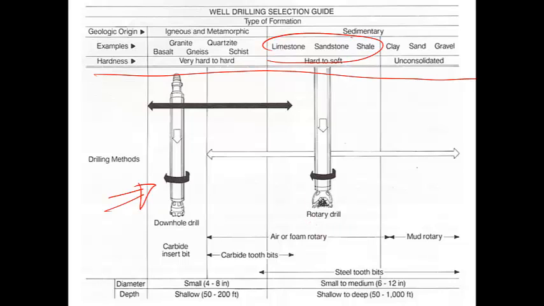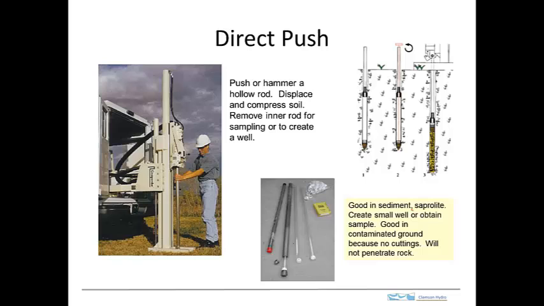I guess I would also put in here saprolite. And then the unconsolidated material, this is mud rotary. Okay, so those are the main methods for drilling wells.